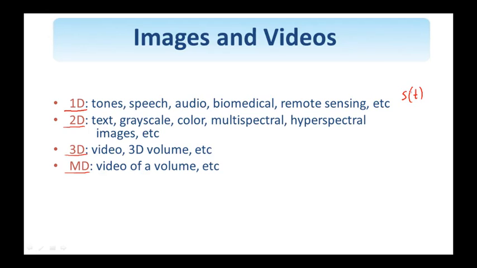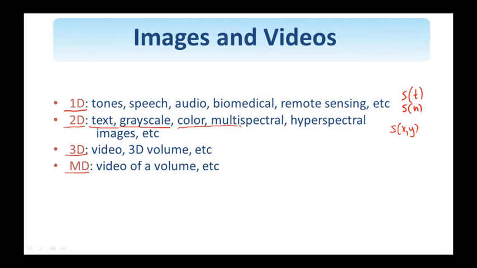If I look at it as continuous or discrete, I can call it S of n, so one independent variable. Text and grayscale images are certainly two-dimensional signals where the independent variables represent space. I can have S of x, y, for example.